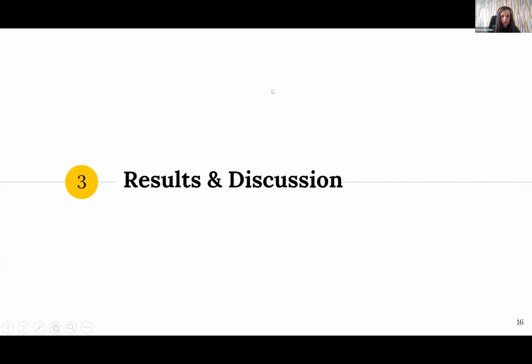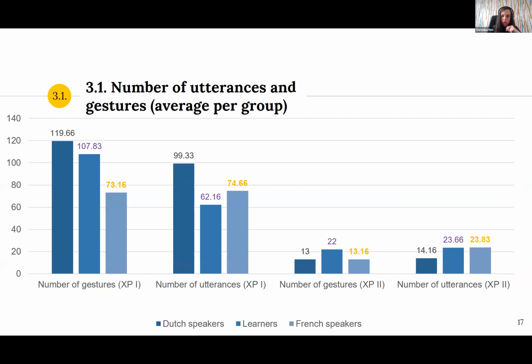And what are the results? So the first thing we can notice here is that the learners produced fewer utterances in the first experiment, but more gestures than in French. So they produced more utterances in French, but fewer gestures.